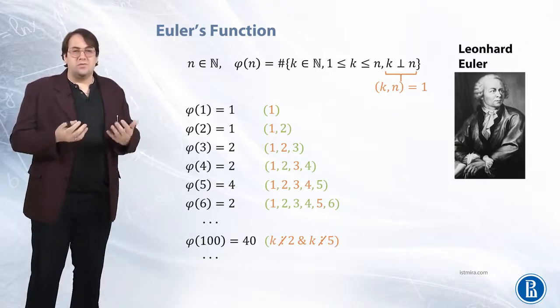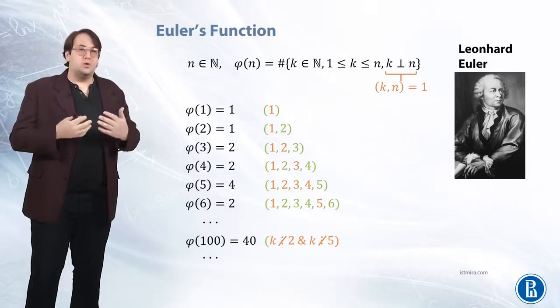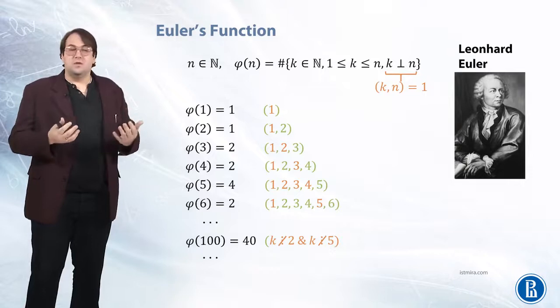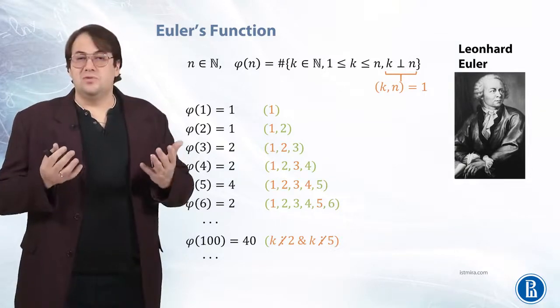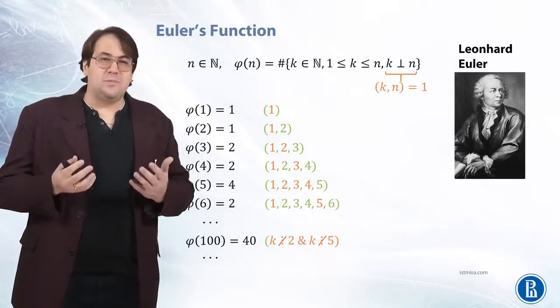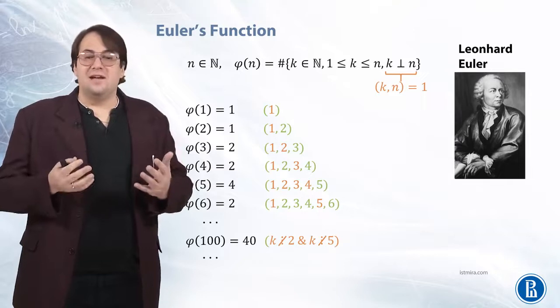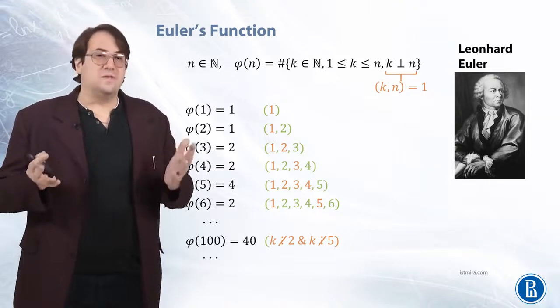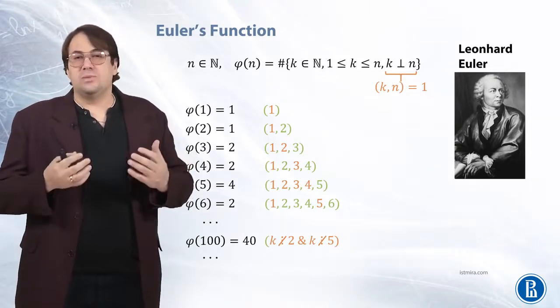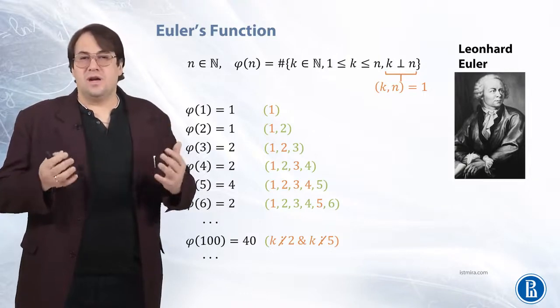Correspondingly, phi of 3 is equal to 2, phi of 4 is also equal to 2, but phi of 5 is equal to 4. Why is this so? Well, 5 is a prime number, so all positive integers less than 5 are co-prime with 5. And this will be the case with all prime numbers.